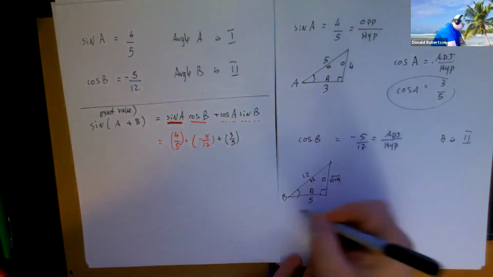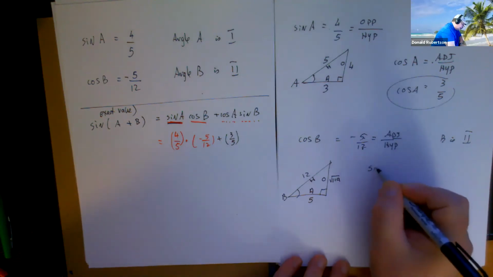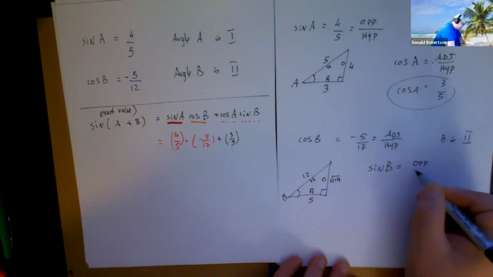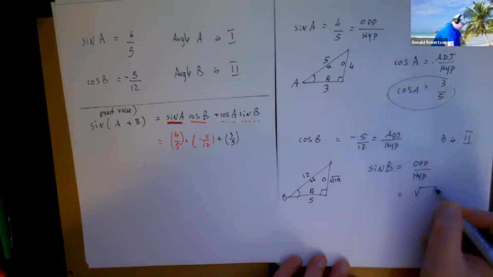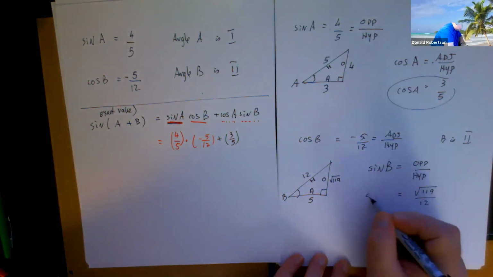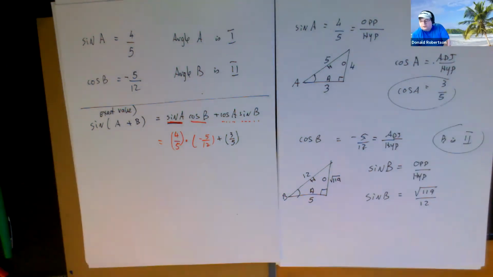I can now use this triangle to find the sine of B. The sine of B is opposite over hypotenuse, which is the square root of 119 over 12. But of course, I still have to find, is it positive or negative?